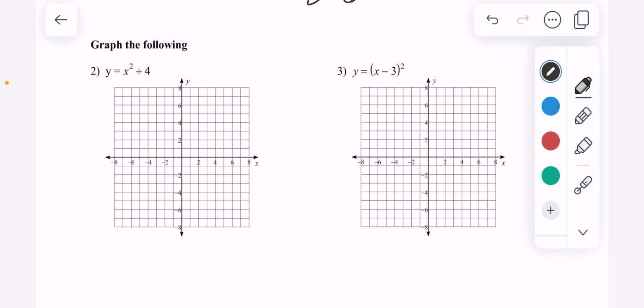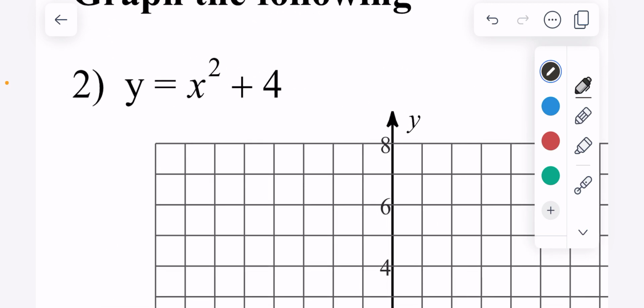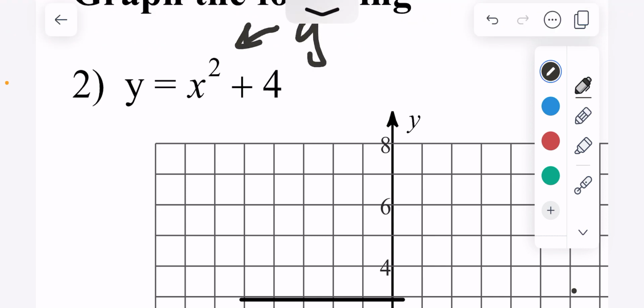If we understand how graphs shift, it will help us understand vertex form a lot better. So we can see my typical graph is x squared, right? So that's my original, y equals x squared.